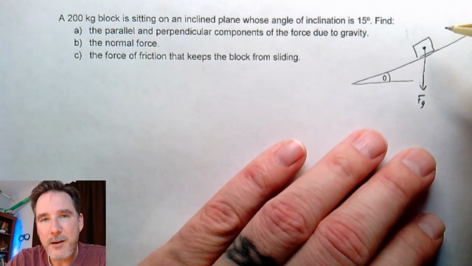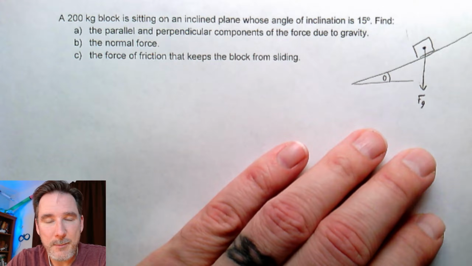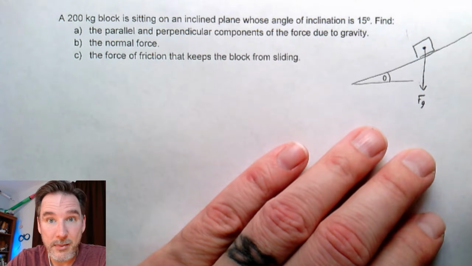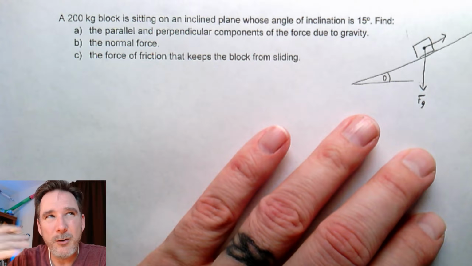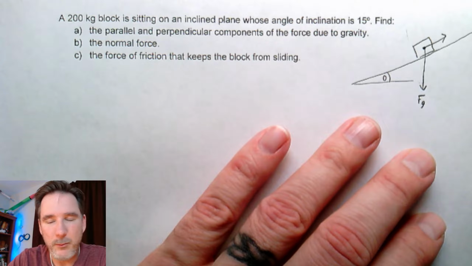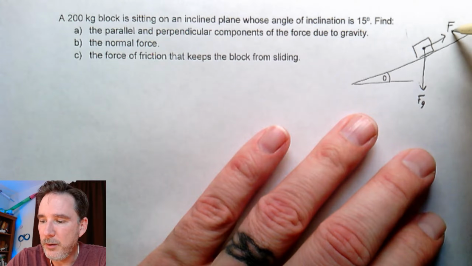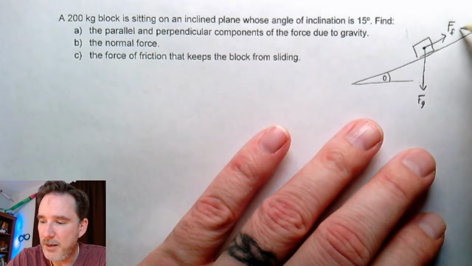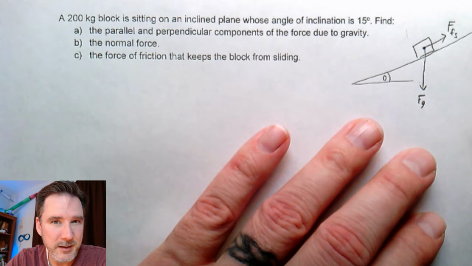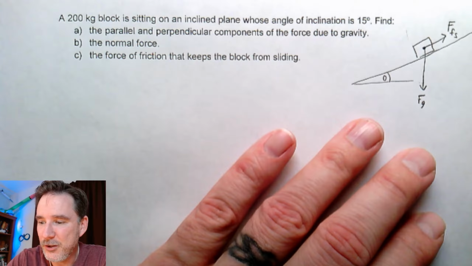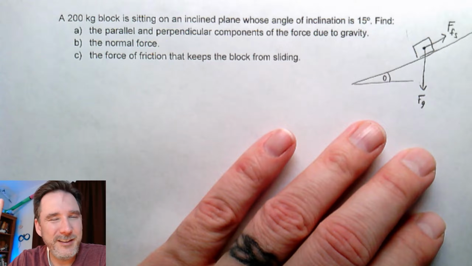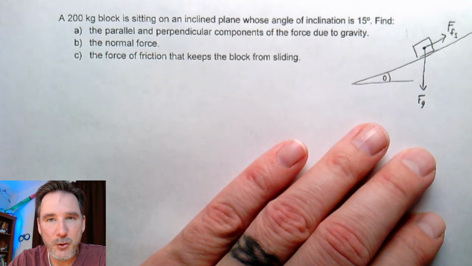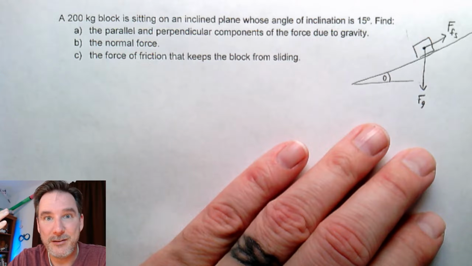So that means that we have a force of friction that must be holding the block there. And that force of friction will be pulling it or holding it, we'll say pulling it up the ramp in that direction. So I'm going to put an F, force of friction, and because it's static friction, I'm going to sneak a little S in there to remind me that it's static friction. Normal force is a little odd, or at least only because we're used to drawing normal force being in the opposite direction of gravity, because most things are sitting on a flat surface.